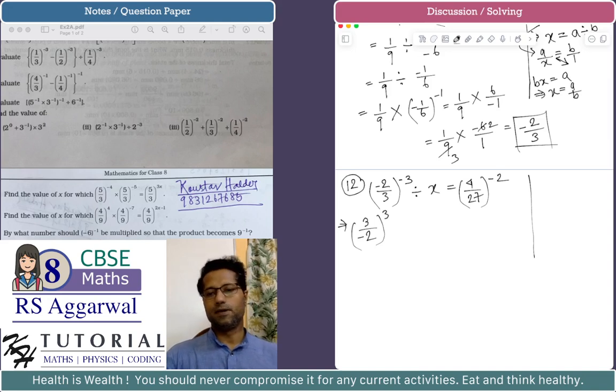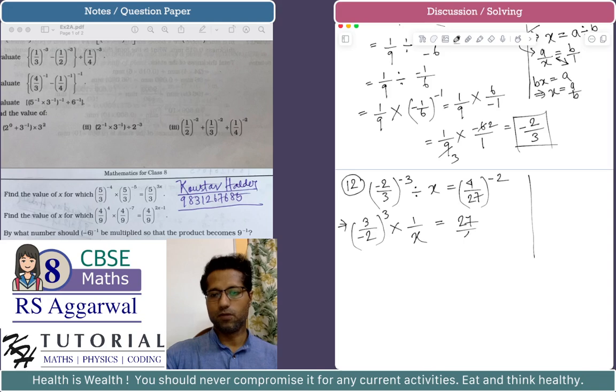Now divided by x means multiplied by the reciprocal of x, that is 1 by x, is equal to 4 by 7 raised to the power minus 2. This is the reciprocal of 4 by 7, that is 7 by 4 raised to the power 2.